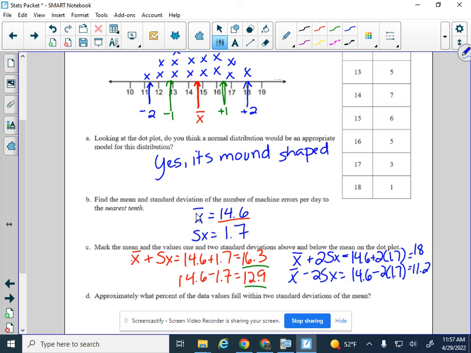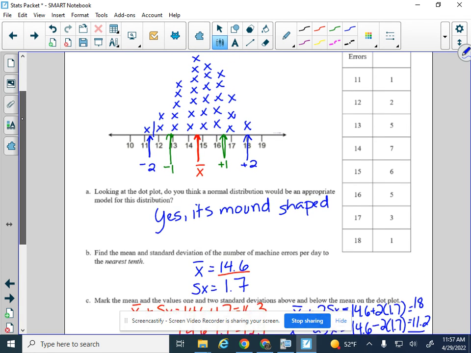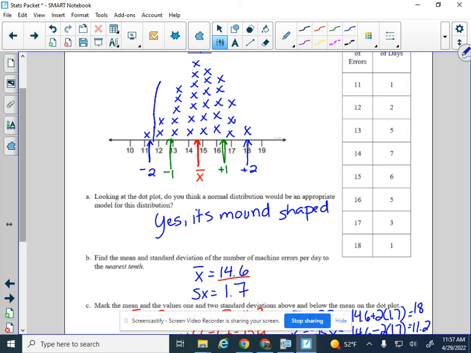And now the last question says approximately what percent of the data values fall within 2 standard deviations of the mean? So it's a little tricky. I am going to include not the 11, because we're cutting it off at 11.2. I'm going to include all of these dots, and this one's kind of cut in half, so I'm going to count that as a half. Those are all the dots that fall between the -2 and the 2.